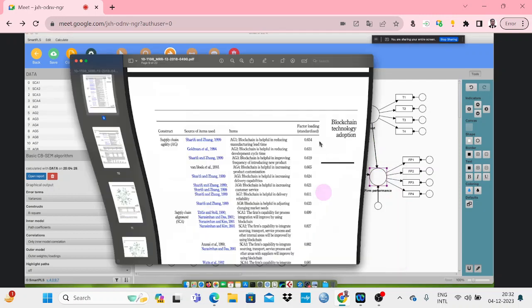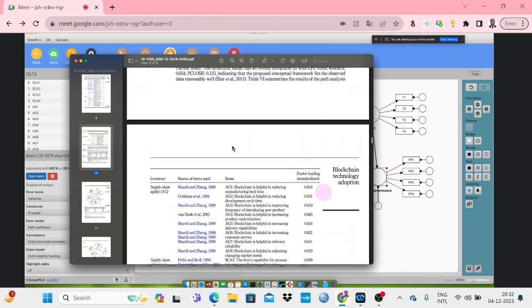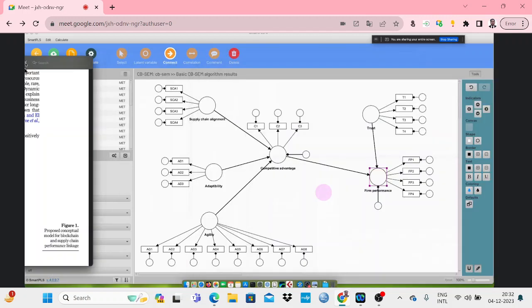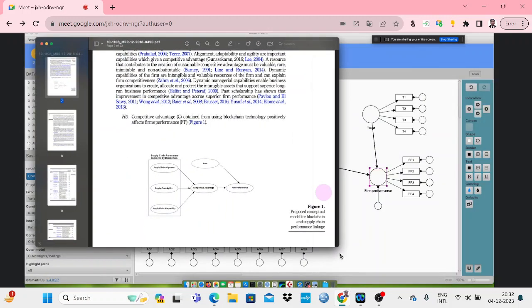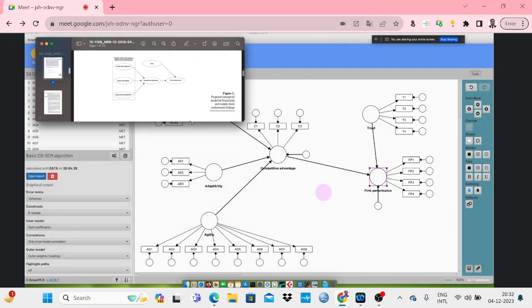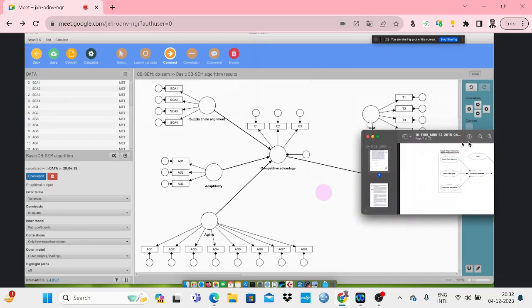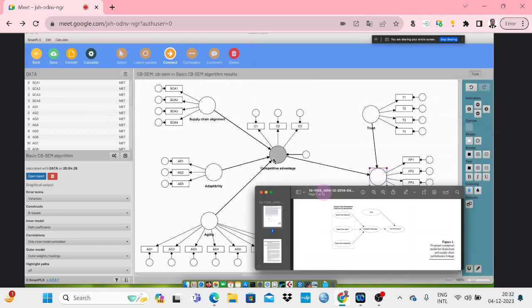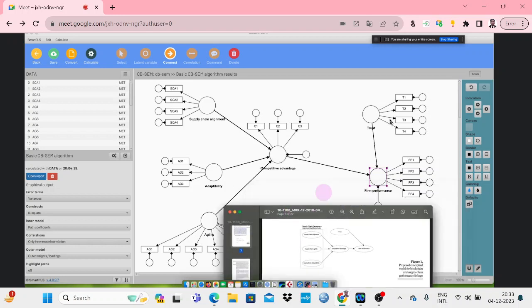It is very important at this stage, before you draw the model and get it analyzed, to ascertain that all the connections and their directions are correct. So supply chain alignment, adaptability, and agility are connecting to competitive advantage, which then connects to firm performance, and trust is again an independent variable which is affecting firm performance.